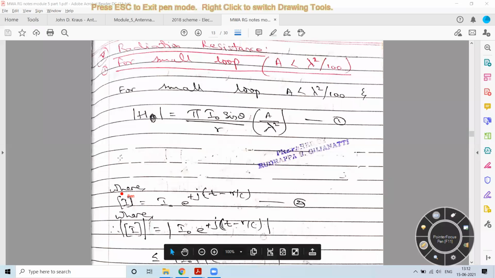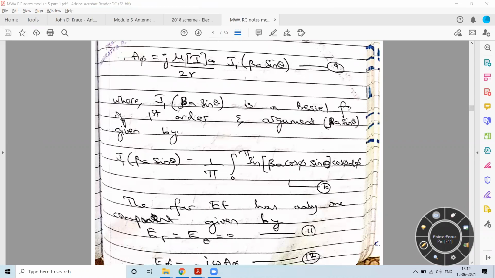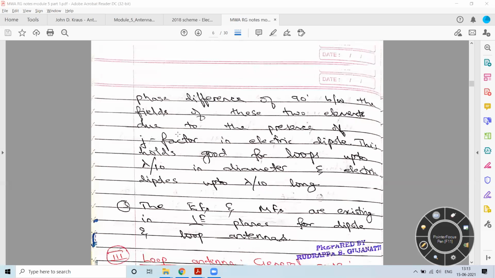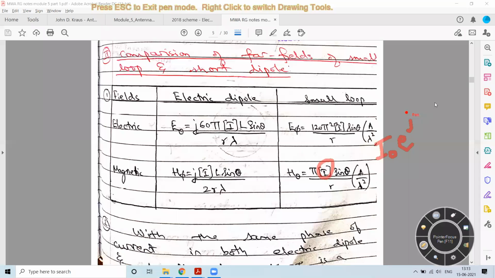When we consider the field component, we have H theta given by pi into I naught sine theta divided by R into A by lambda square. This was the retarded current, given by I naught into e raised to j omega into t minus r by c.